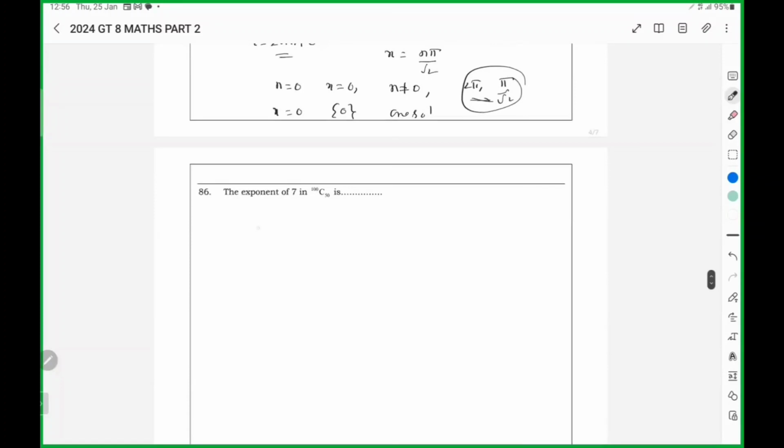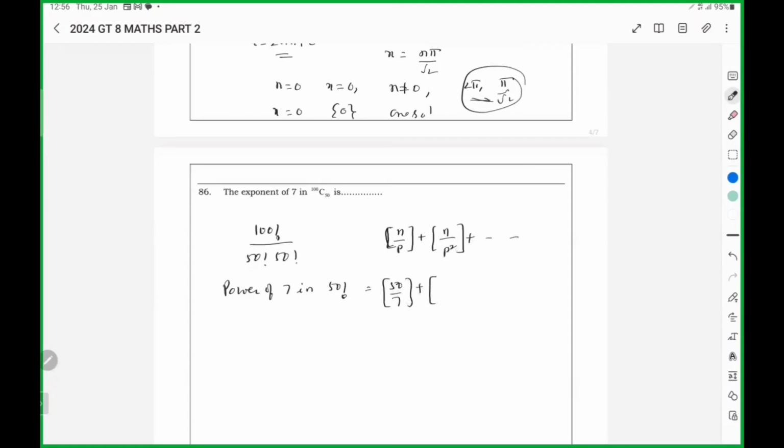Here it is 100 factorial by 50 factorial, 50 factorial. Power of 7 in 50 factorial, we have a formula n by p, n by p square and so on. 50 by 7, 50 by 7 square, 50 by 7 cube, and so on. When the denominator dominates, it is 0. Here 7, 0, 8.